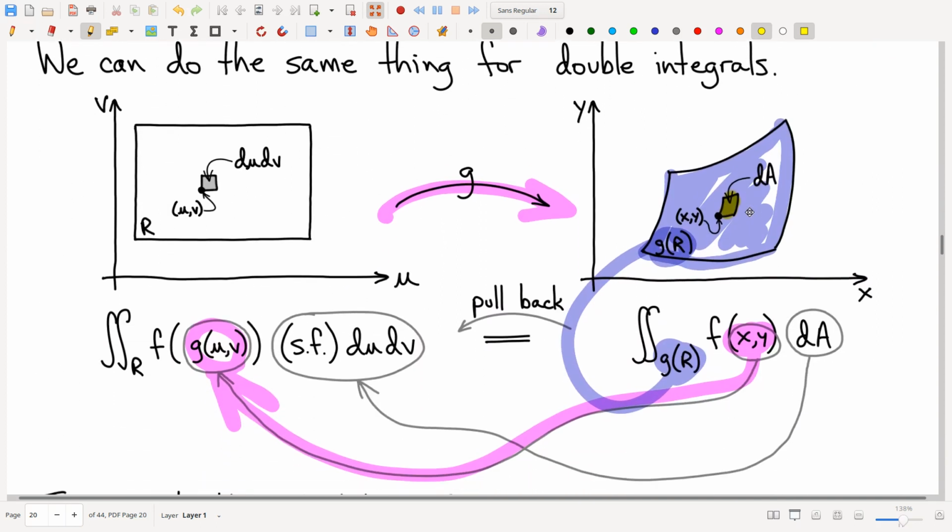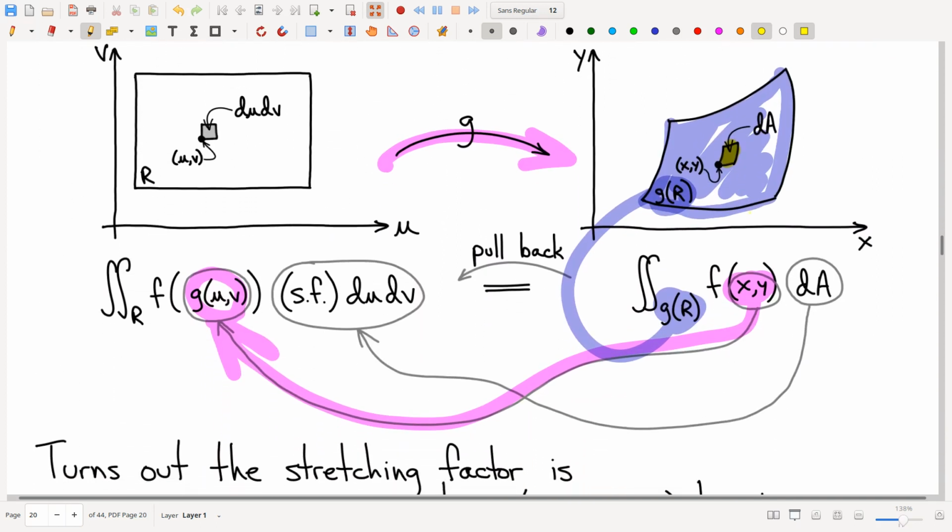Likewise here. This little piece of area, not the same as that piece of area over here. Whatever it is, we're going to have to figure out a formula for how to compute this. But this piece of area that I have called dA should be something times this little piece of area du dv. There should be some sort of a stretching factor.